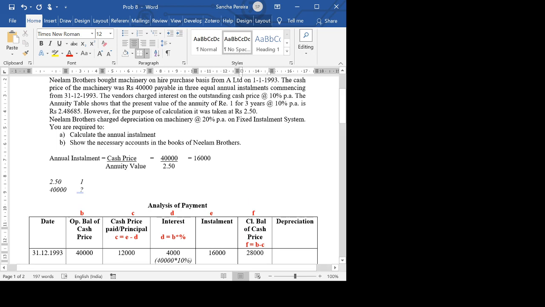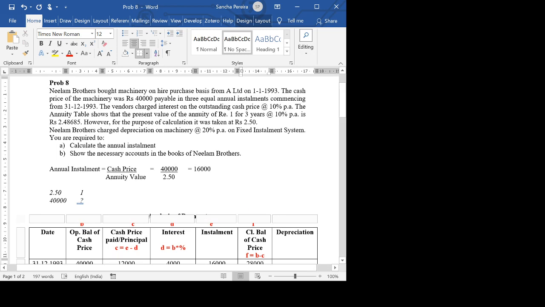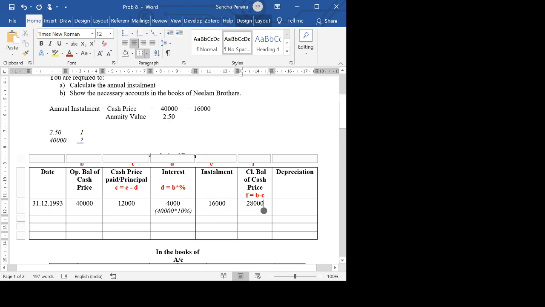Do we have depreciation? I think we have depreciation. For the purpose of calculation, Neelam Brothers charge depreciation on machinery at 20% per annum on the fixed installment system. Since we are at the end of the year, depreciation for the full year. How are we going to get our depreciation? Again, you can calculate it here or you don't have to. Since it's a fixed installment method, depreciation is going to be the same every year.